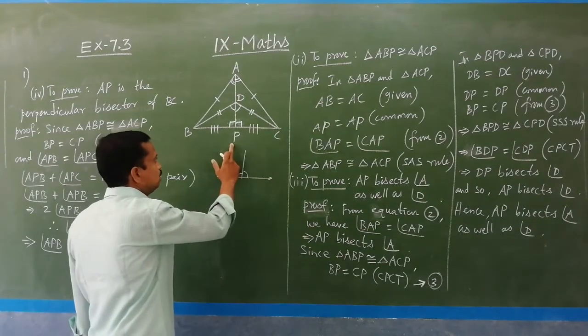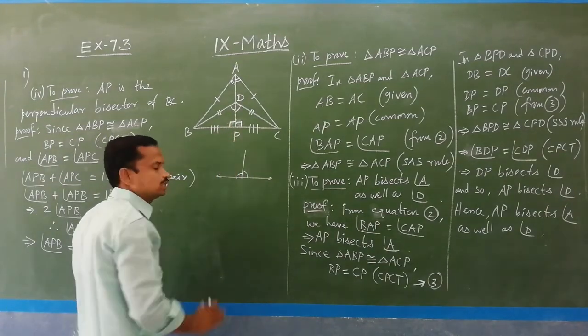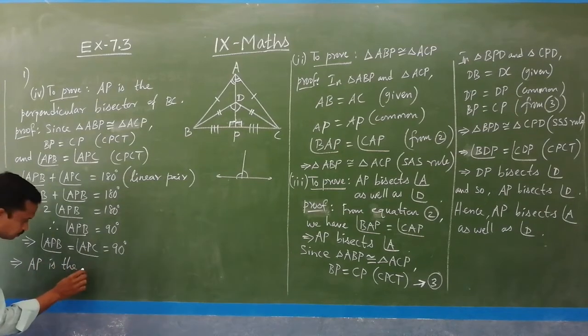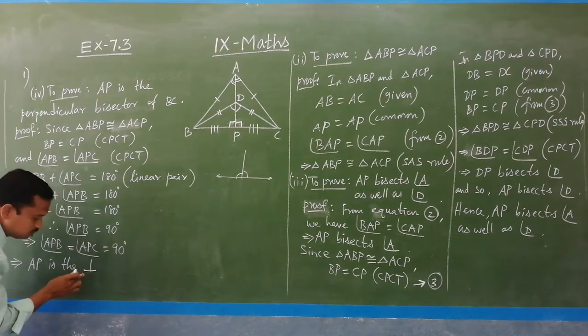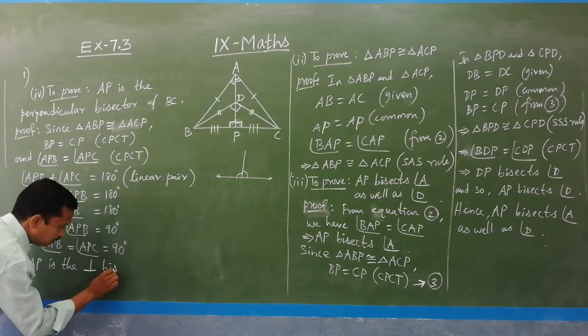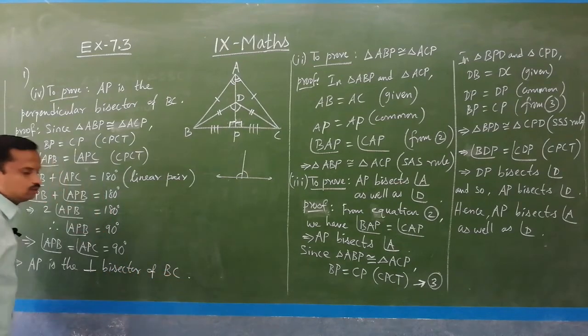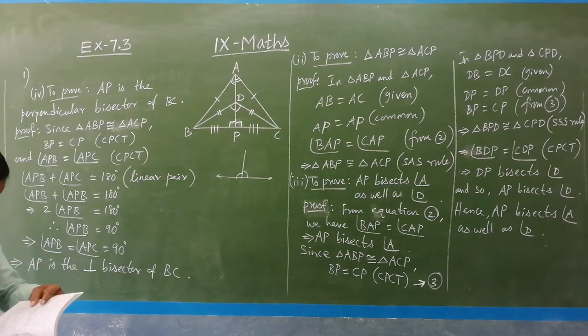So AP is the perpendicular bisector of BC. This implies AP is perpendicular, this symbol stands for perpendicular, bisector of BC. So like that we can easily prove it. That's all.